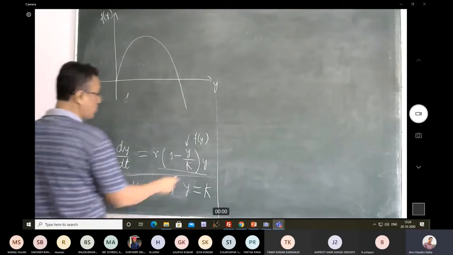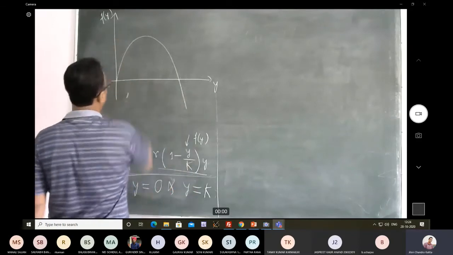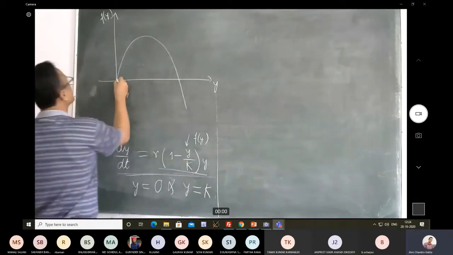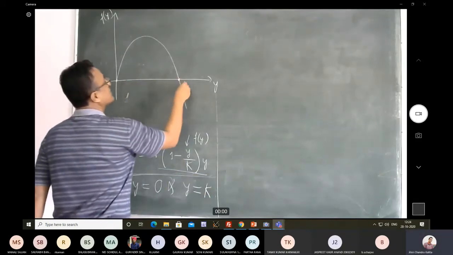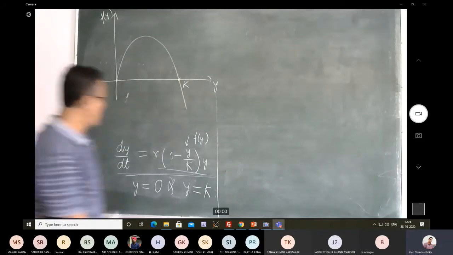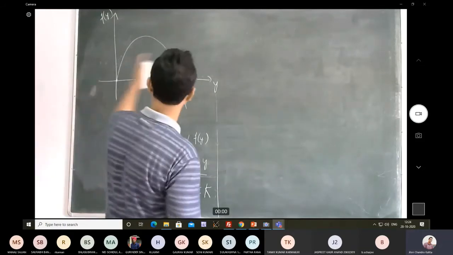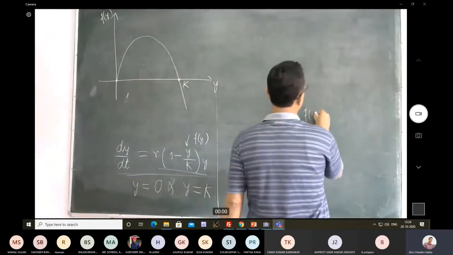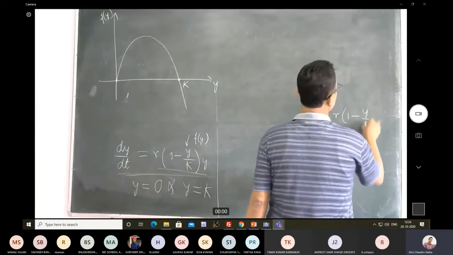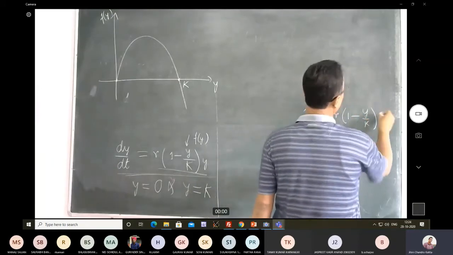And of course, you know that the zeros of f(y) occur at y equal to 0 and y equal to k. So obviously this is going to be k. Now, if you look at f(y), this is r into (1 minus y by k) into y.